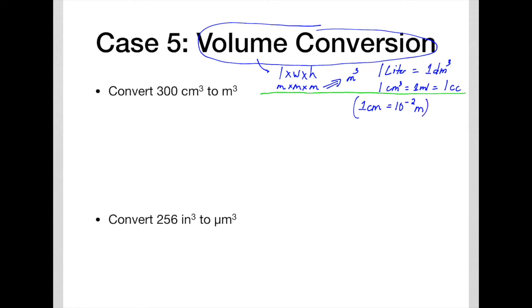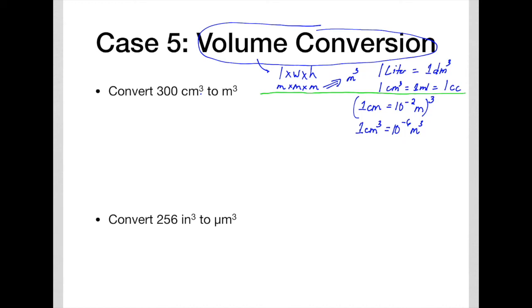Okay, and then we are talking about volume, so this is expressed in cube, so therefore we have to cube it. So 1 centimeter cube equals 10 raised to negative 6 meter cube.